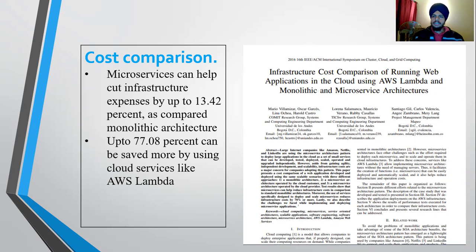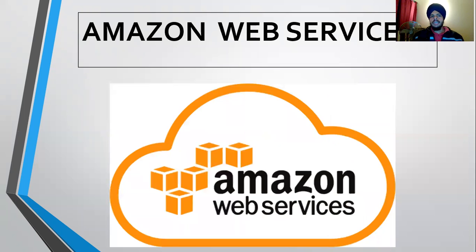From that decision, we also came to know that with the help of the Lambda function, we have to use other things. Then we got in touch with our client and asked him to provide us an account of Amazon Web Services.